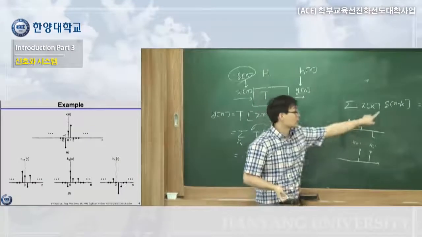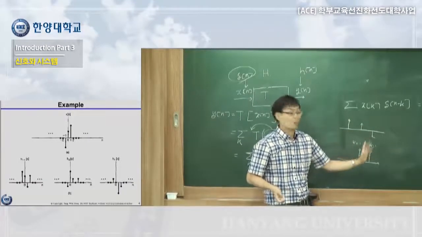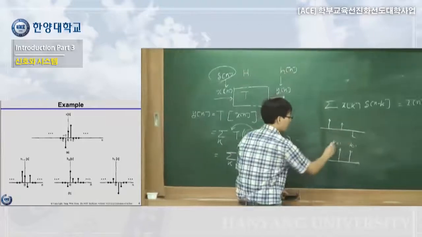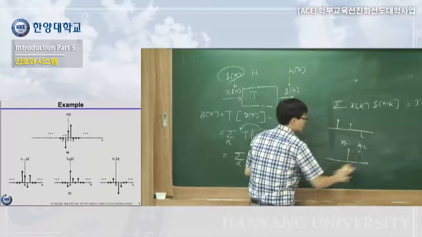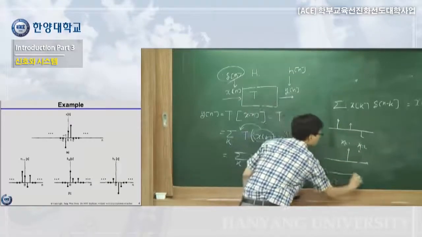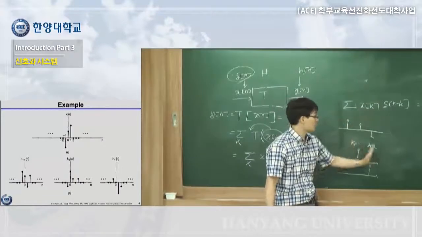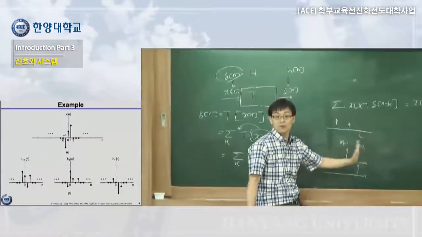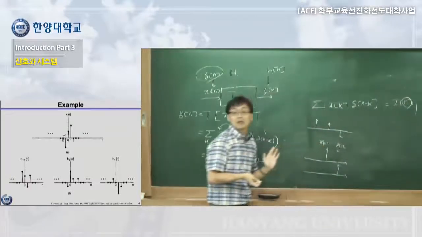But the delta function, right here, shifts depending on n. When n equals 1, it will look like this. When n equals 2, it will look like this. So this one shifts in time depending on the value of n.